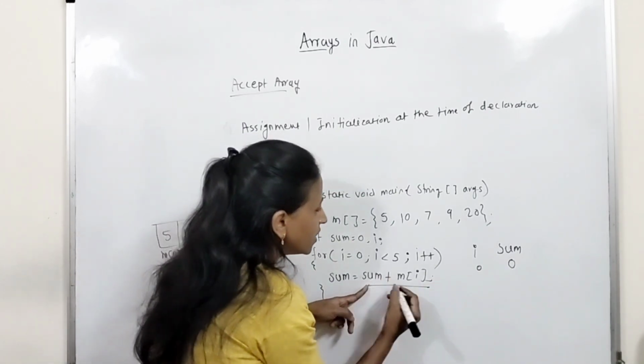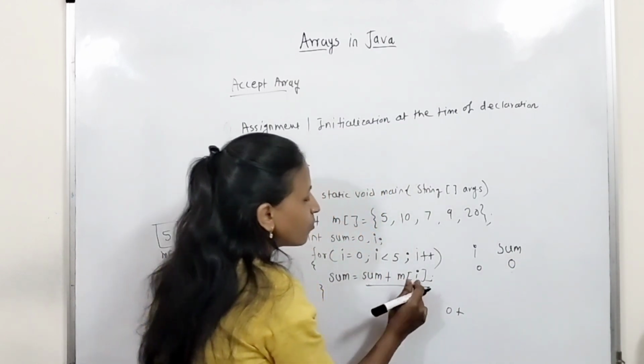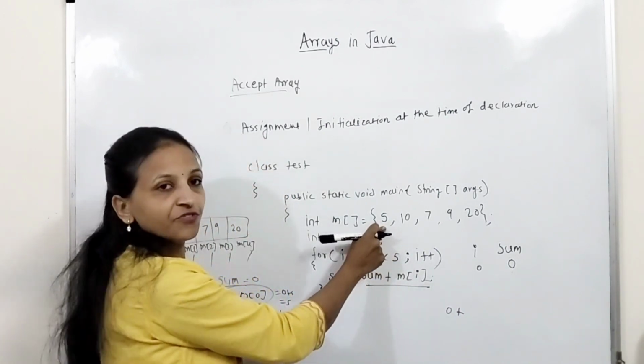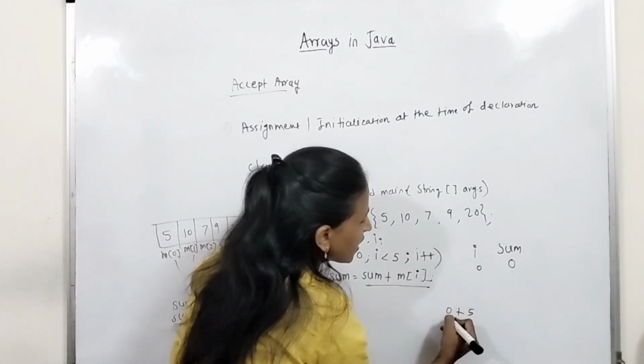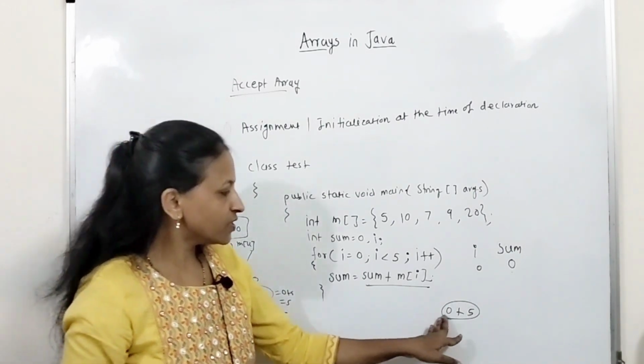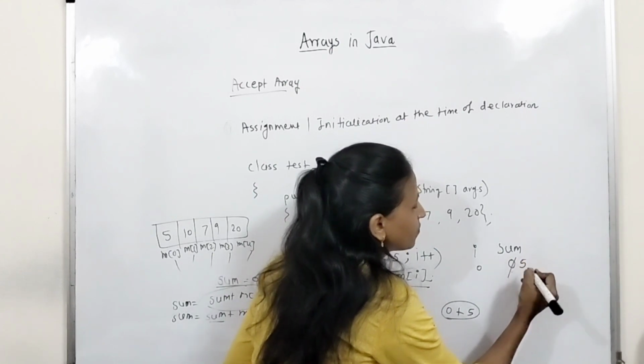Sum is initially 0, plus m of 0, which is 5, that will be fetched here, and whatever computed value will be stored again inside sum. That's why 0 plus 5 will be stored inside sum now.